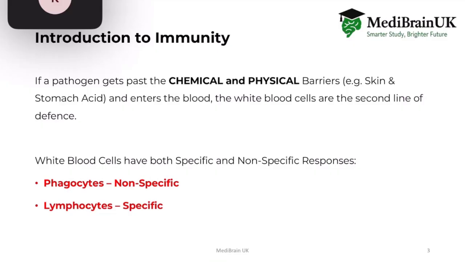But phagocytes are your non-specific response, so they don't respond to certain shapes or receptors. They are literally attracted to chemicals which they see as foreign. What they will do is engulf that chemical. You would have probably heard of that at GCSE. They engulf that chemical and then present some of the proteins and become an antigen presenting cell, which triggers the lymphocytes to produce your antibodies within your body.